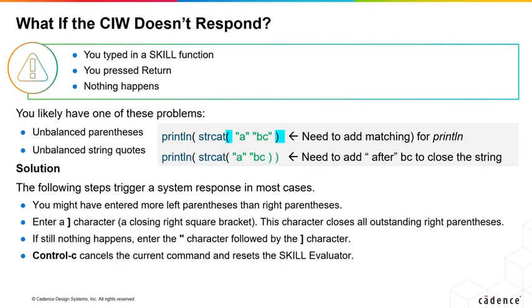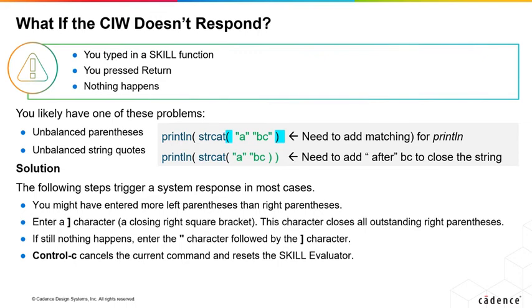So let's examine the first situation: what happens if the CIW doesn't respond. You've typed in a skill function or command, you've pressed return, and your expectation is that it will execute the command and return a value, but instead nothing happens. Most likely you have one of these two problems.